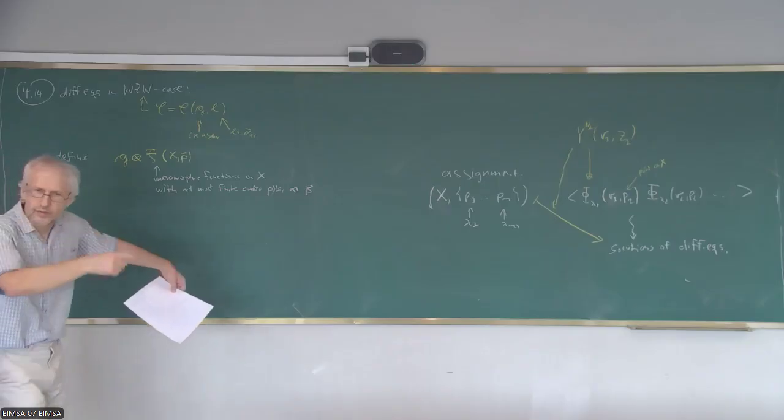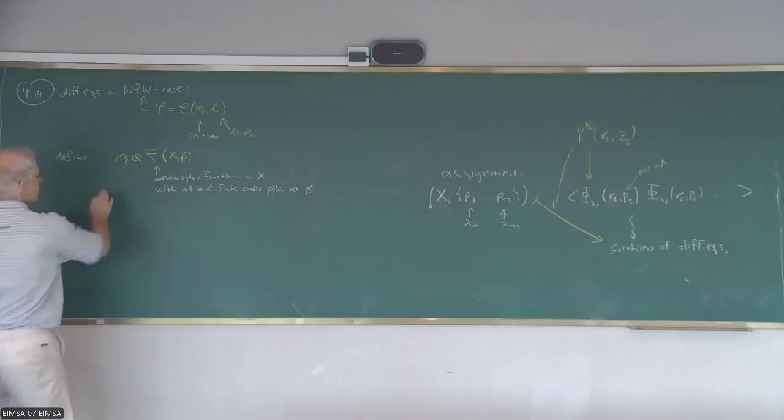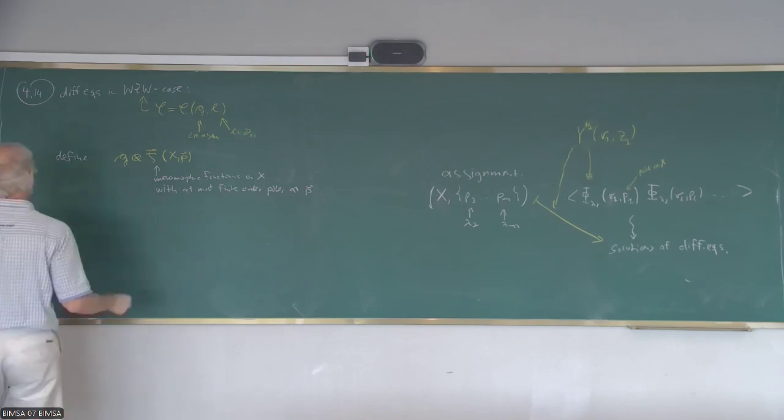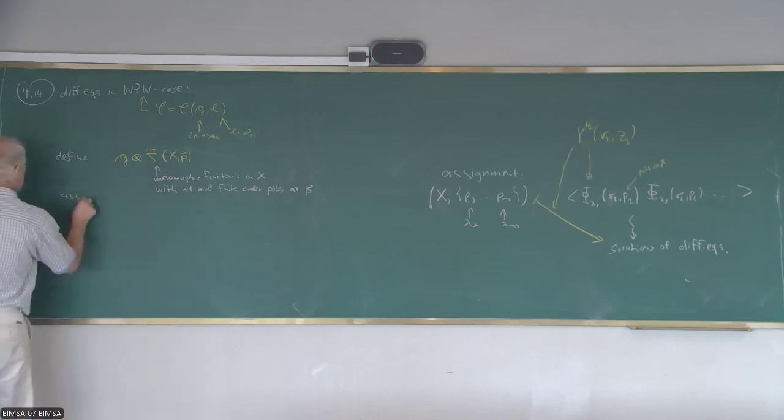So this is an associative algebra, and tensoring with g will give you the Lie algebra.